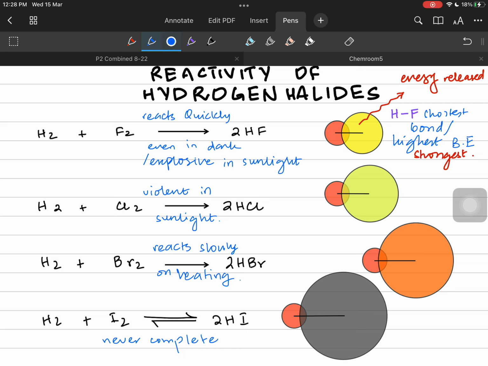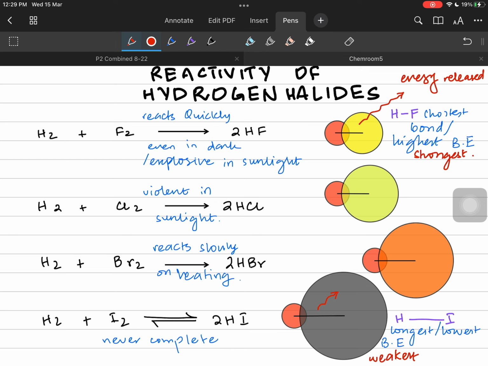But when you compare HBr and HI, HI has a very long bond length. Since the bond length is more, you can expect that the bond energy would be lower, the lowest bond energy. It's not a very strong bond. As a result, it's a very weak bond. It won't release much energy.